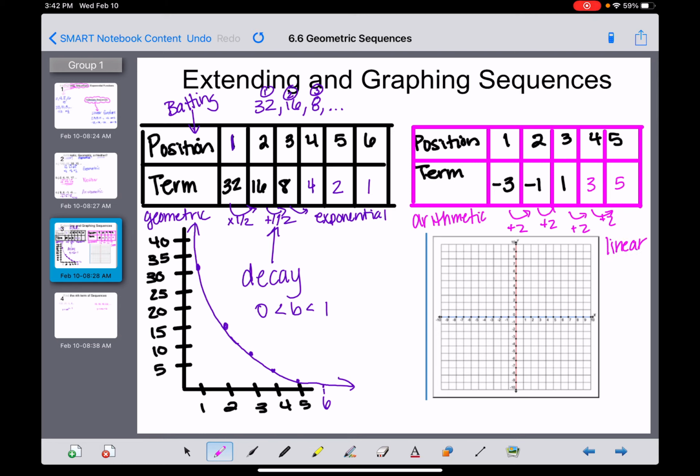So I'm going to graph these coordinates, and we should find a line. So we have (1, -3), (2, -1), (3, 1), (4, 3), (5, 5), and indeed, we do create a linear function.